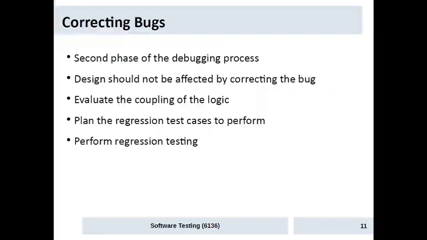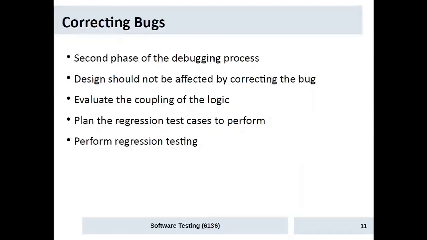Once the error is analyzed and identified and a solution is obtained, then we need to make changes in the code. This is the second phase of the debugging process, and this is a very important step because the new code added or the fix we applied to the program should not introduce new errors in it.